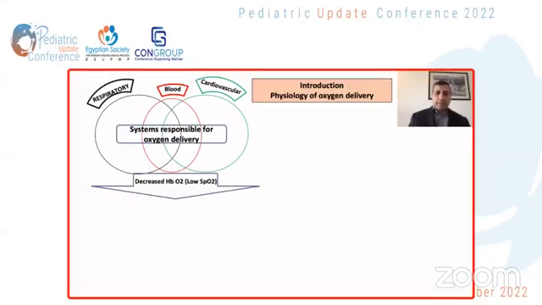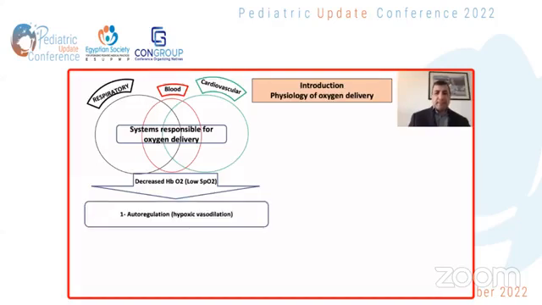If any one of the 3 systems is compromised, then oxygen delivery will decrease at the tissue level, which will be compensated immediately, within a fraction of a second, by autoregulation, which is a release of nitric oxide at the tissue level, which will induce hypoxic vasodilatation to increase the blood flow. If the autoregulation is compromised, then the tissues will extract more oxygen from the venous compartment, or from the oxygen left over at the tissue level.